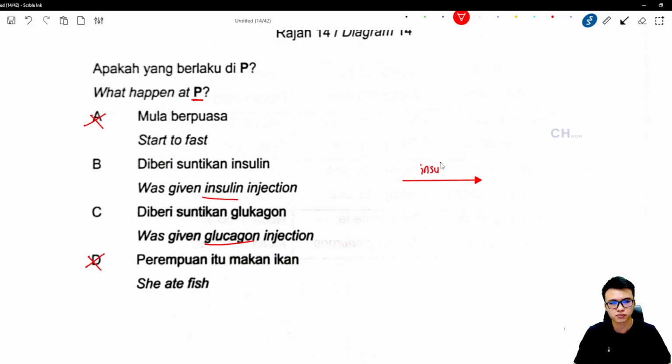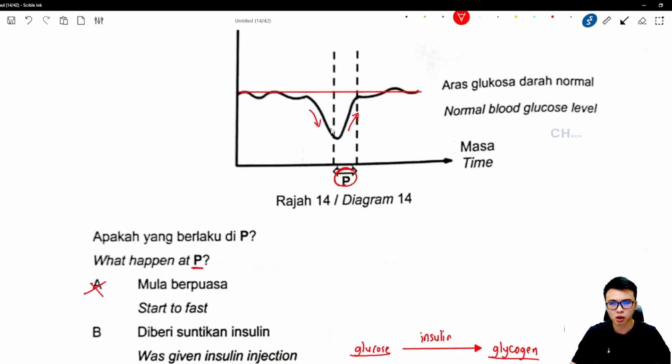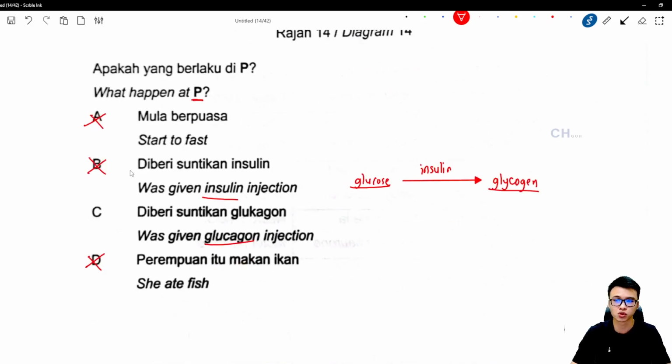Insulin can convert the glucose to glycogen. So if we are converting glucose to glycogen at stage P, then our blood glucose level will drop even more. B will not be the answer.